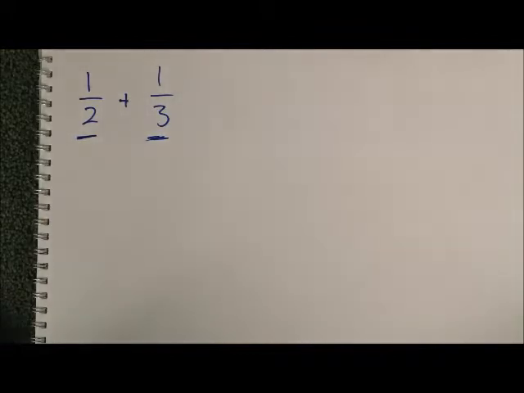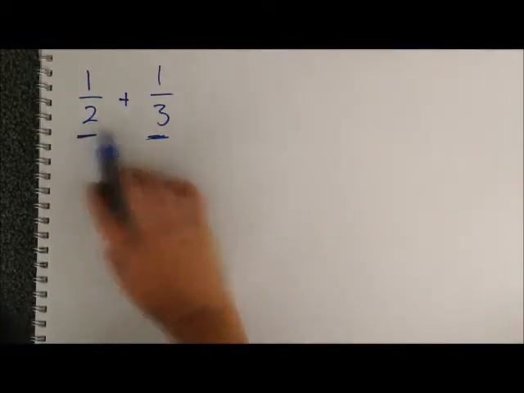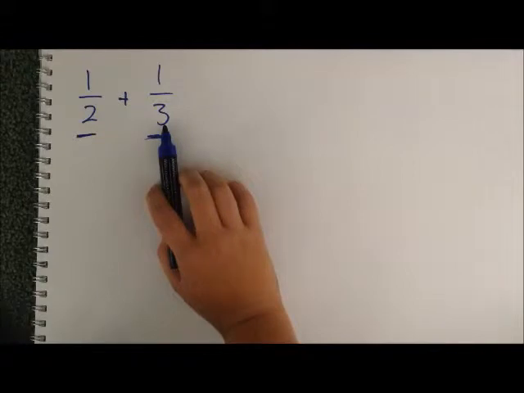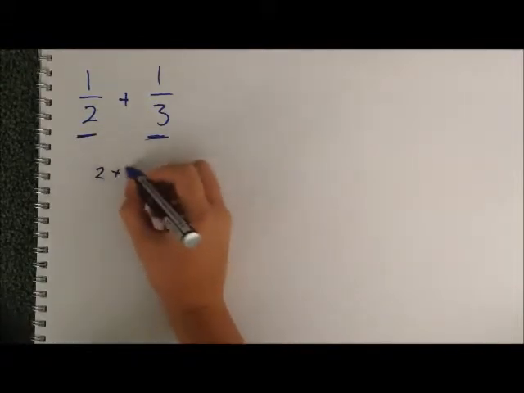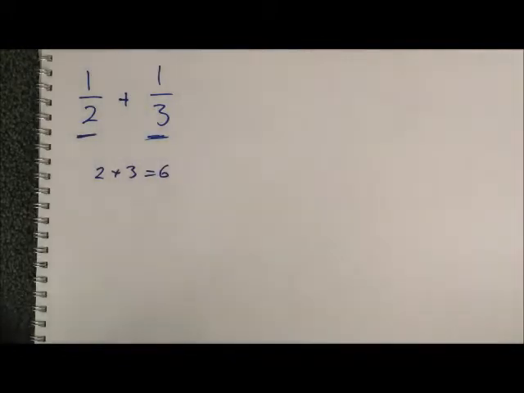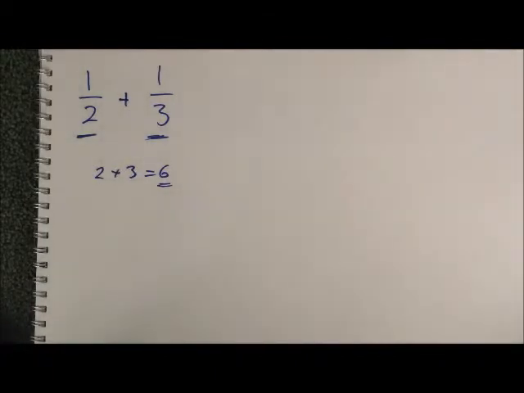So we have to find the lowest common denominator. So what is a multiple? What can be in 2 and 3? So if you times 2 by 3, you get 6. That works. So we have to change the denominator to 6.